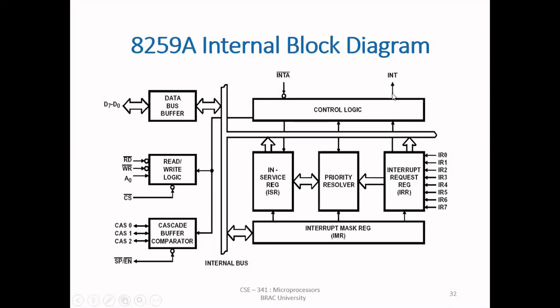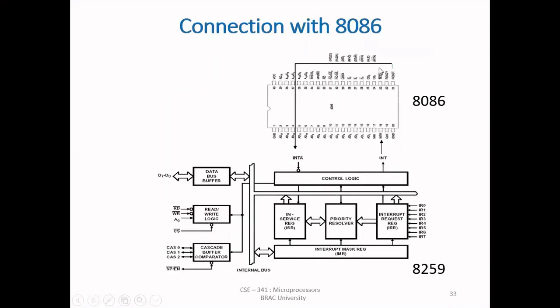This pin is connected to the INTR pin of the 8086. Look at this figure: this is the 8259 and this is the 8086. This INT pin is connected to the INTR, that means pin number 18 of the 8086. And if the 8086 interrupt flag is set, then this high signal will cause the previously described INTR response.